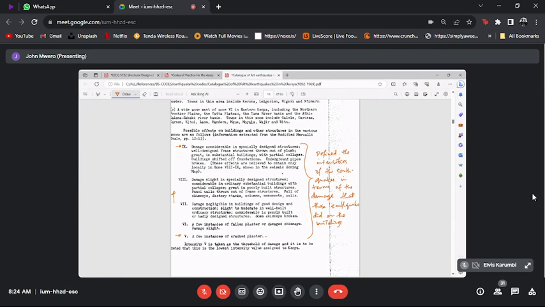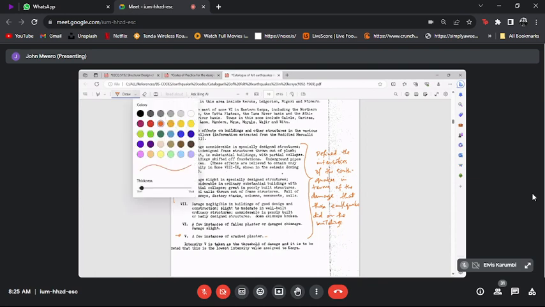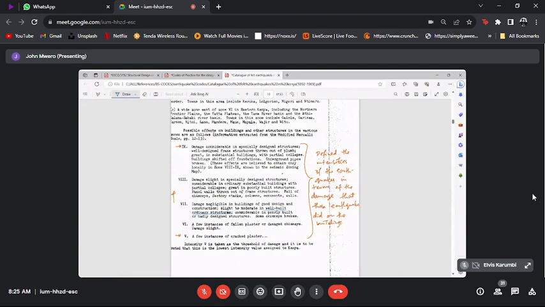Now, the problem with this classification is that it is not precise. For example, I'll ask a question. How do you define a well-built ordinary structure? It's a grayish definition. It's not precise.